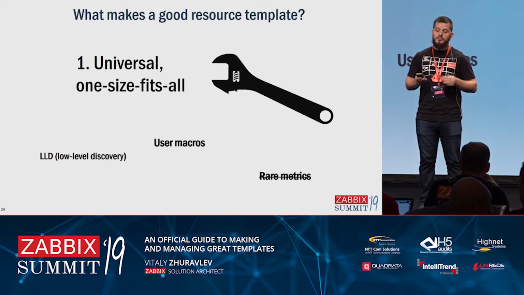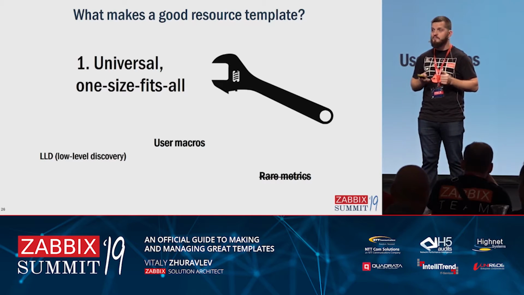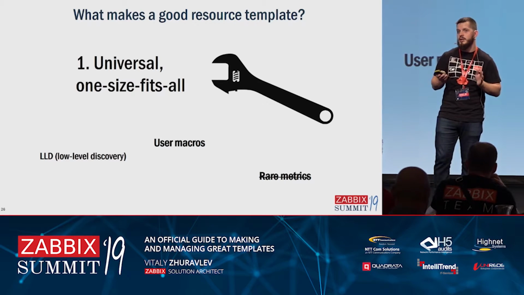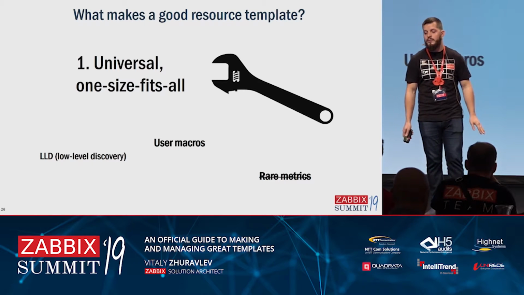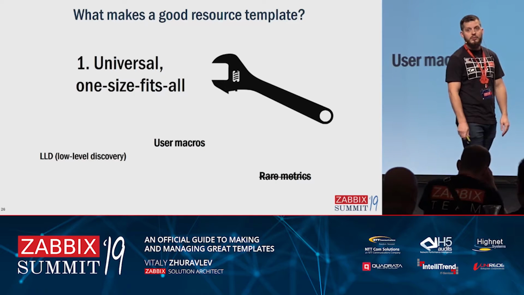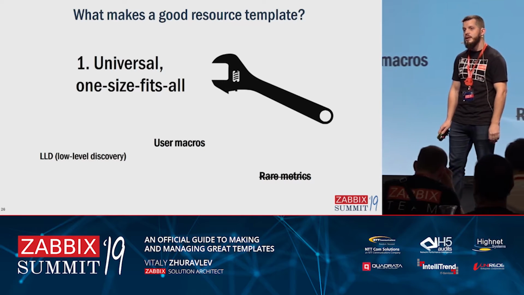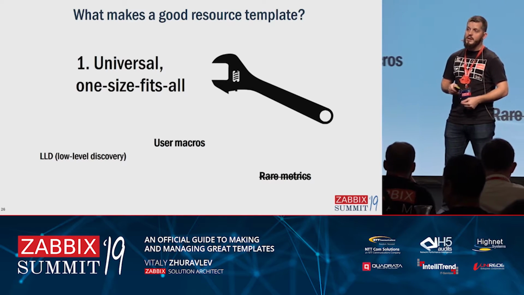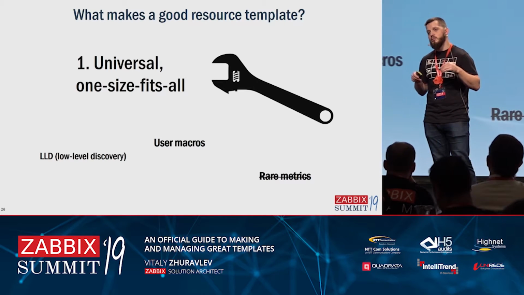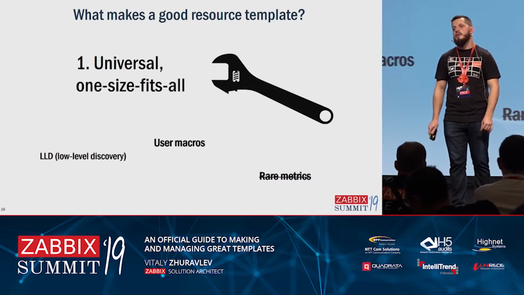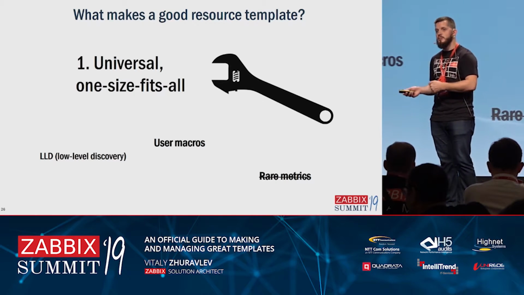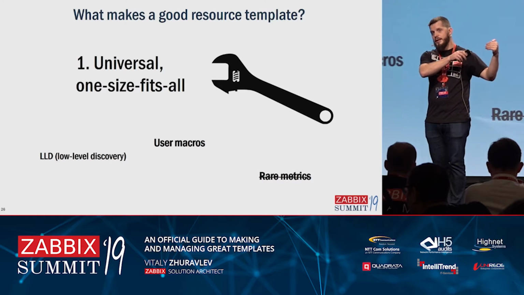To make the template universal, you have many useful features of Zabbix. You can use low-level discovery, and please use it a lot because it's really powerful. User macros also make a template dynamic and flexible, and maybe you should avoid putting some rare, very specific metrics inside such a template, because you can always have another template and then link it to the first one.